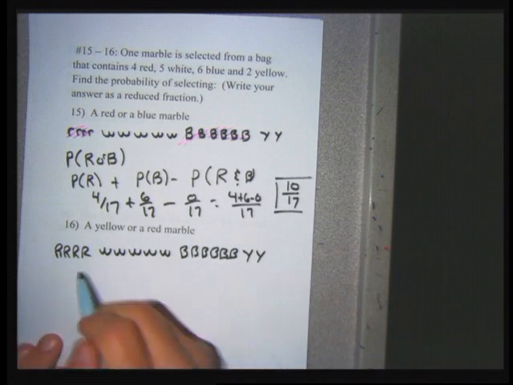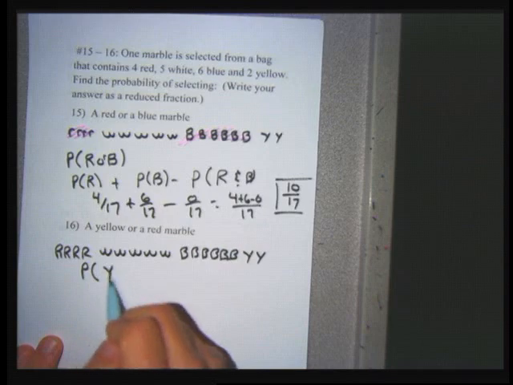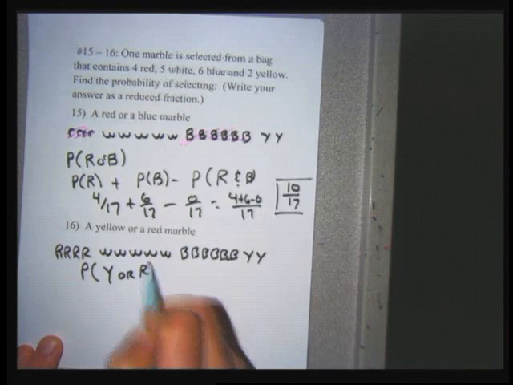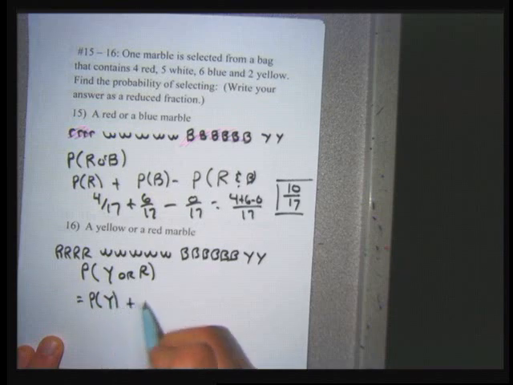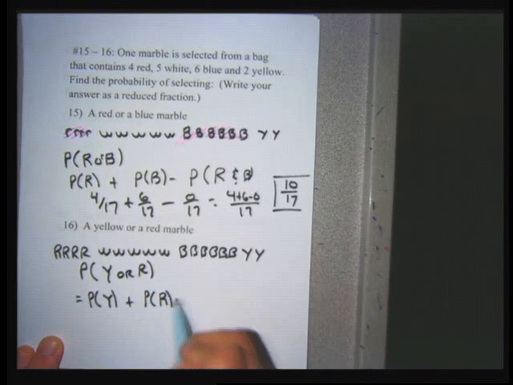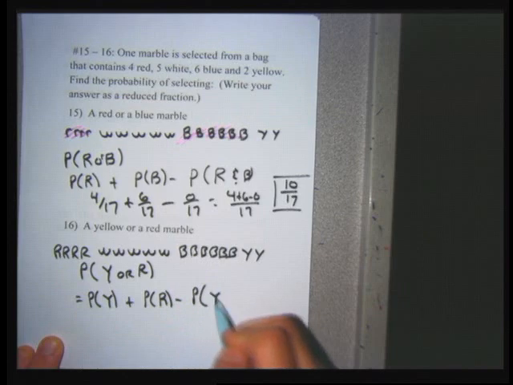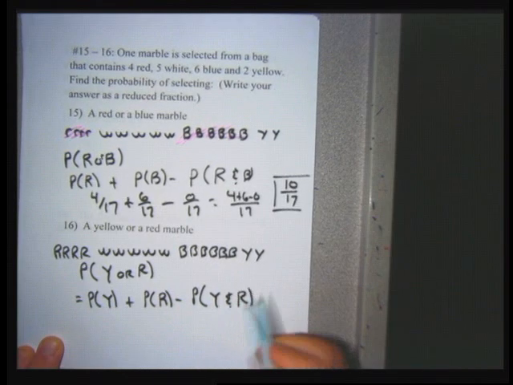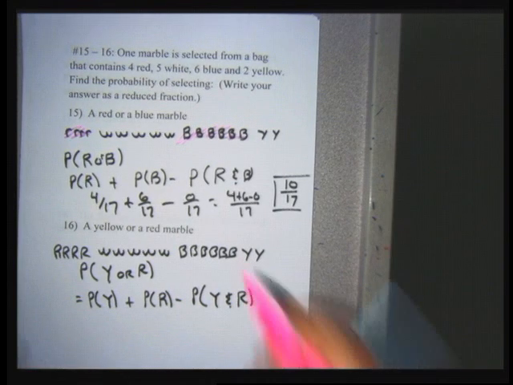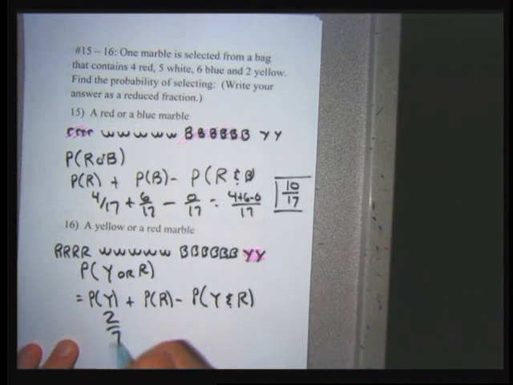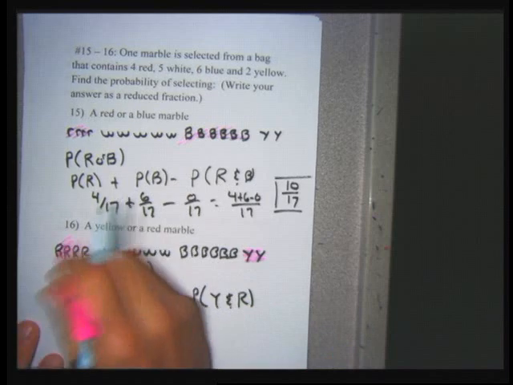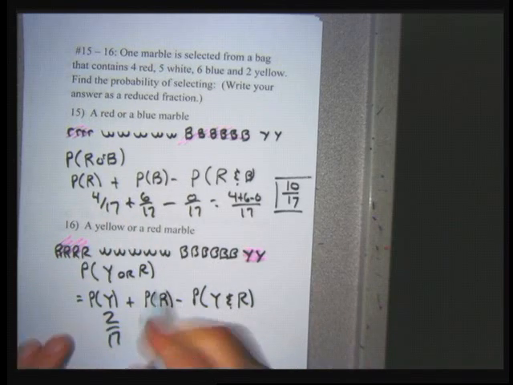For 16, the probability of a yellow or a red equals the probability of a yellow plus the probability of a red less the probability of a yellow and a red. For the probability of a yellow, it's going to be 2 over 17. For the probability of a red, it's going to be 4 over 17.